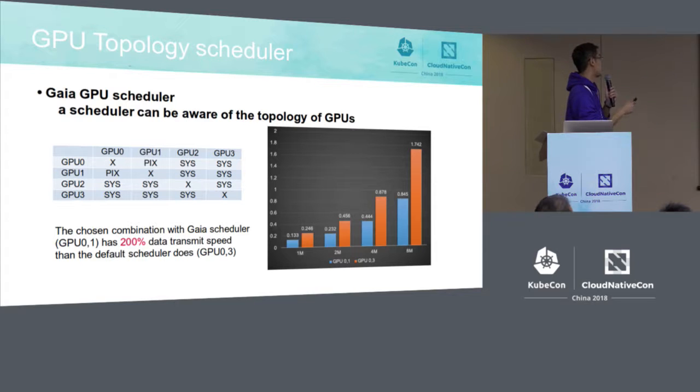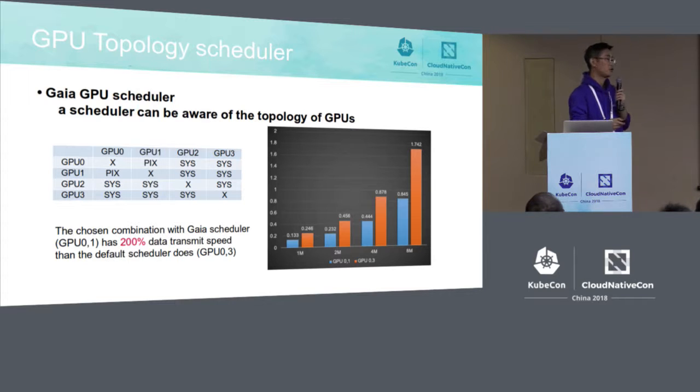As we can see, the GaiaStack scheduler chooses two GPUs, and it would pick the best one, GPU 0 and 1, as default. For the regular scheduler, the choices are more random. In this case, it will probably pick GPU 0 and GPU 3. Then when you transmit data of 1 gigabyte, 4 gigabytes, and 8 gigabytes, when you pick GPU 0 and GPU 1, you can see the time only for GPU 0 and 1 is only half of the time used by GPU 0 and 3.